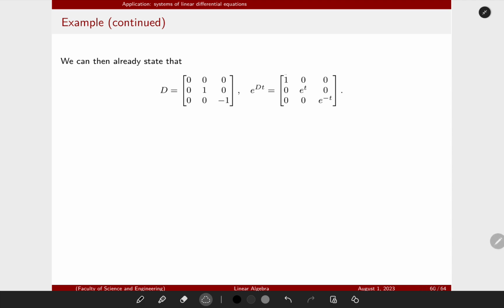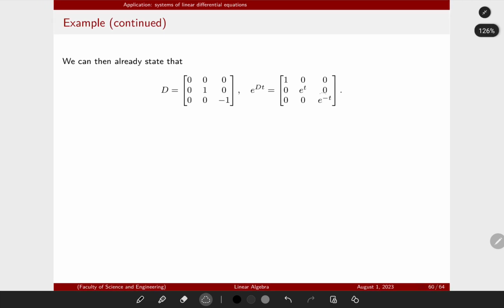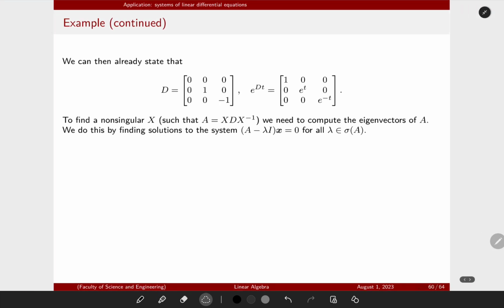So here we get e to the 0t, which is 1, e to the 1t, which is e to the t, and e to the minus 1t, which is exactly what is this. Then, to find the non-singular X, so we showed before that this is true if A is diagonalizable. So now we want to find this X.